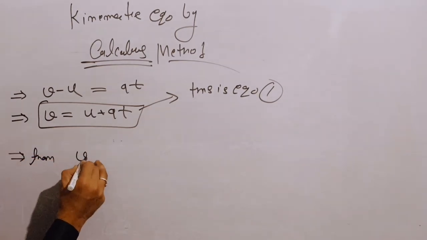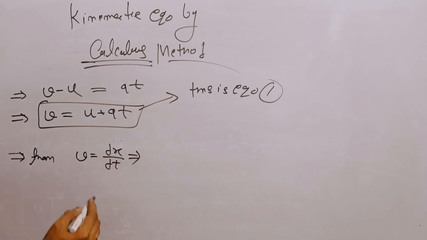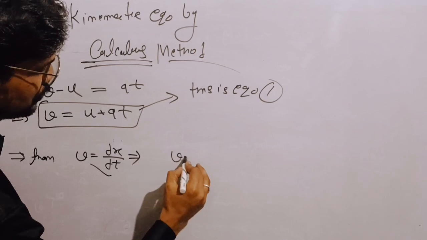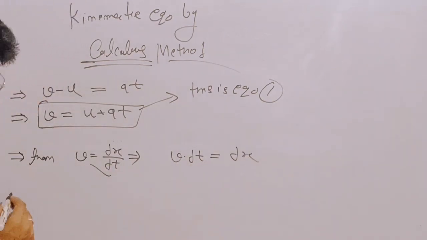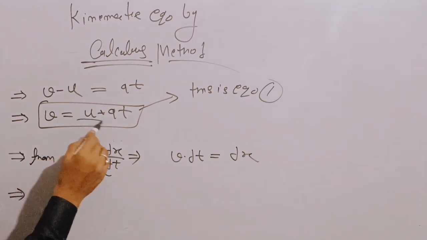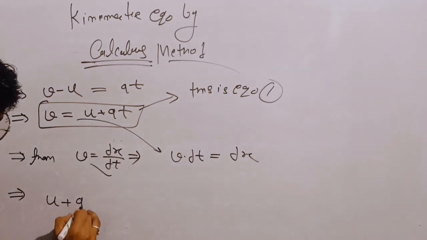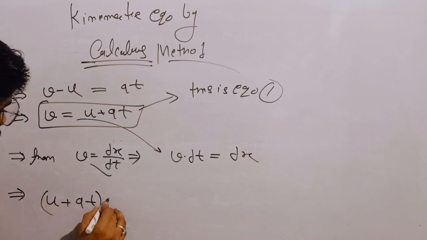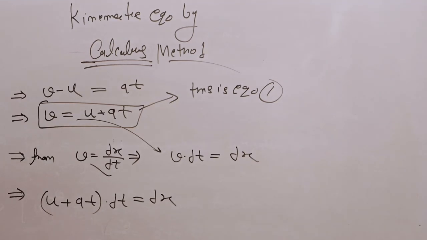Then v is equal to dx by dt. This is a velocity, and so v into dt is equal to dx. Then put the value of v in this equation, u plus at into dt is equal to dx.